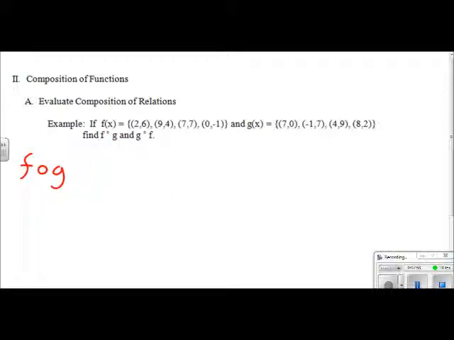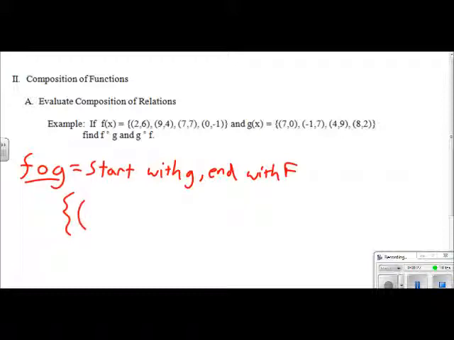So when we are looking for f of g, this means that we are going to start with our input of g and end with an output from f. So for f of g, we're still going to have these inputs and outputs.